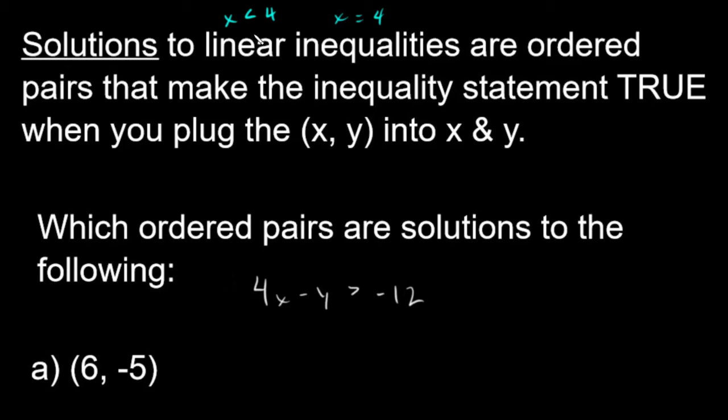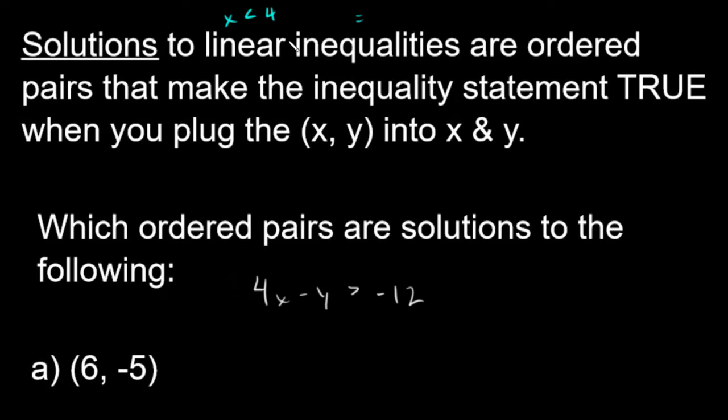But in an inequality format, any x value that fits the description here is a valid solution. So 3 would work, and 2 would work, and 0 would work, and 3.5 would work, and 3.9 would work, and 3.9999 would work. I'm sure you guys are understanding the idea. There's an infinite number of solutions to this inequality.